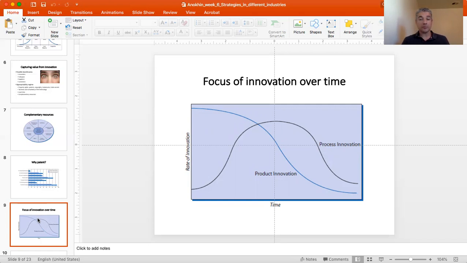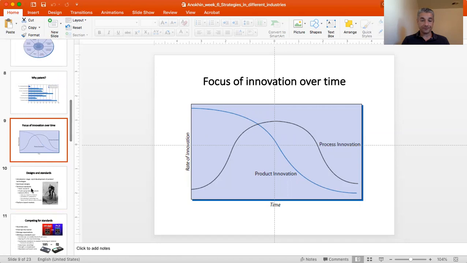That comes from product innovation. As industries evolve, go through growth into maturity, we start seeing more and more process innovation. Process innovation primarily helps you manage the costs. So as industry matures, the nature of competition switches away from differentiation towards cost leadership, and process innovation becomes very important.